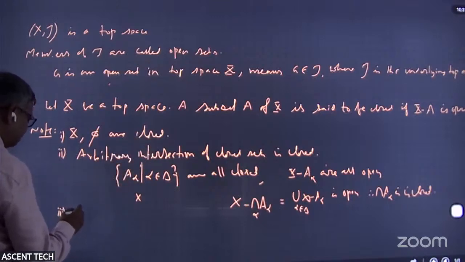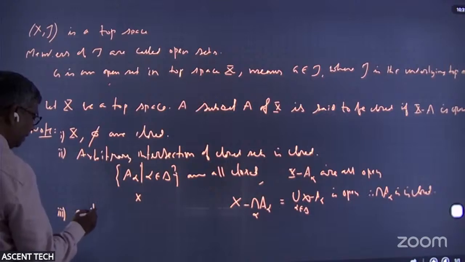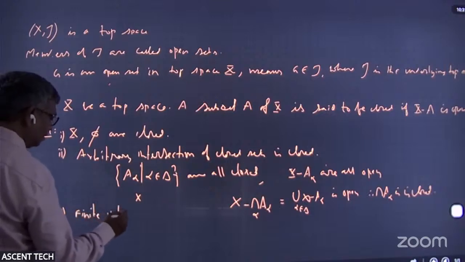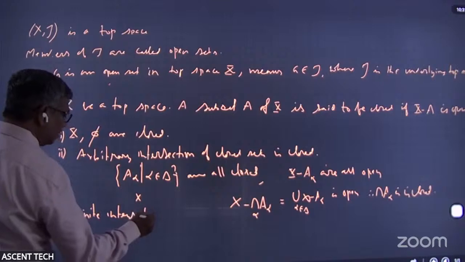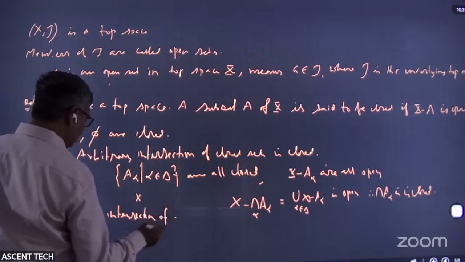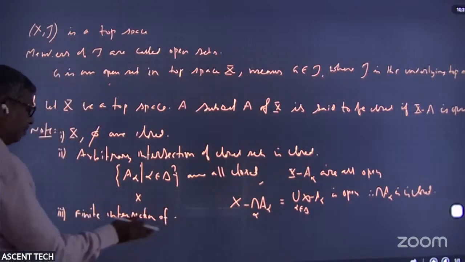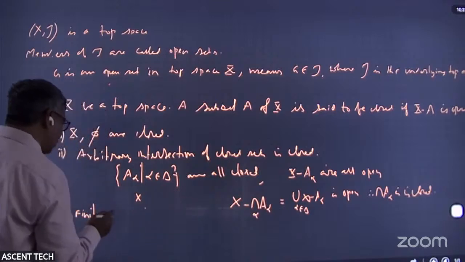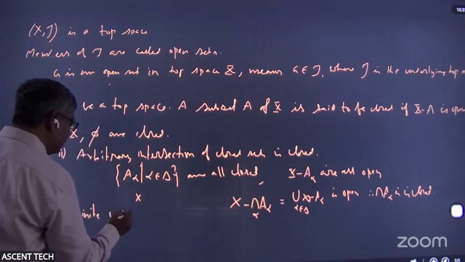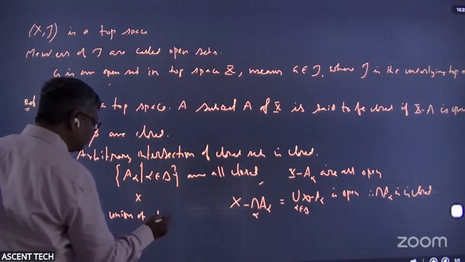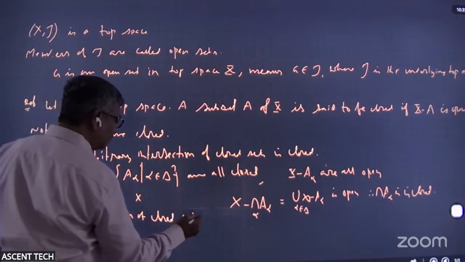So finite union of, I take it back. I think I said it wrong. Finite union of closed sets is closed.